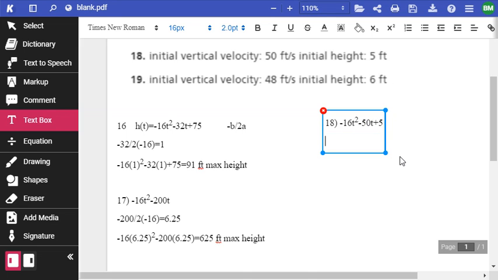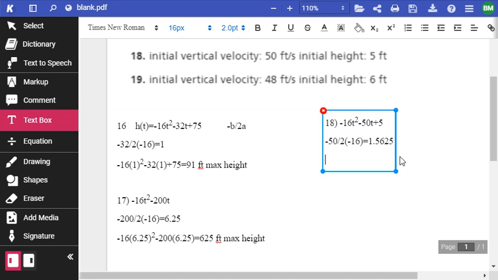Then I'm going to plug it into the negative b over 2a, so that's negative 50 divided by 2 times negative 16, which is going to give me 1.5625.